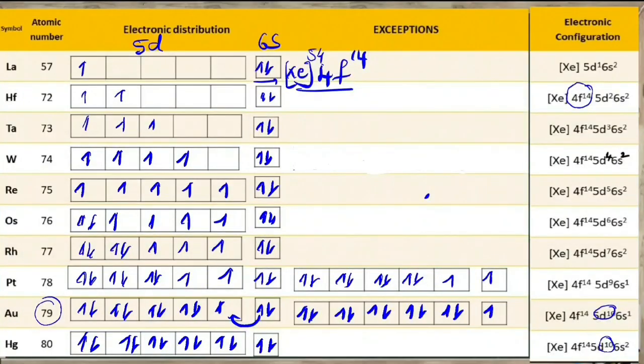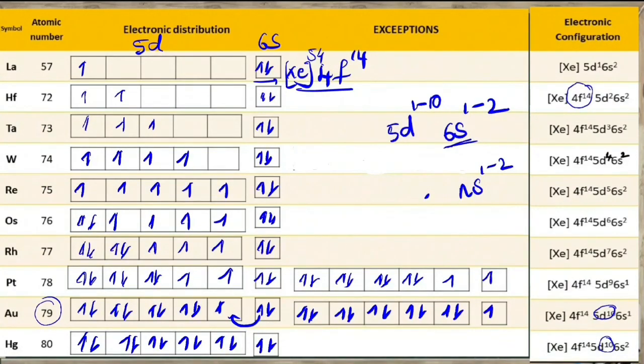In all the d block elements, the outer orbital takes electrons from 1 to 2 and the inner d orbital takes electrons from 1 to 10. So we can generalize this by writing the outer orbital as ns1 to 2.